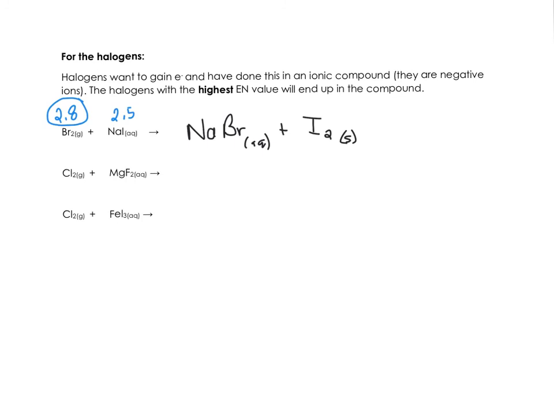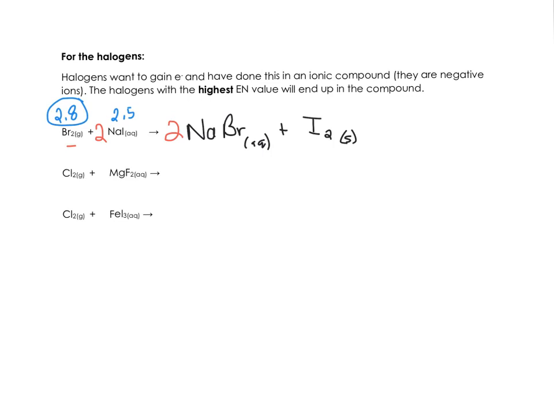There's 2 bromines on the left, so we need 2 bromines on the right. We need 2 iodines on the left and 2 sodiums on the left. So we put a 2 out front there as well. Now that's balanced. All right, let's look at the second example.